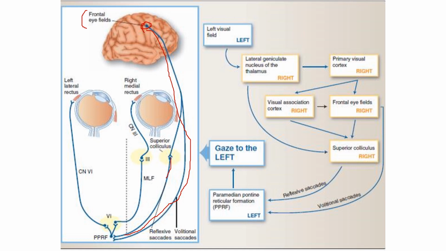And then we also see superior colliculus connections and then into PPRF. And then we can see cranial nerve 6 and that left lateral rectus, the MLF, crossing over and yoking cranial nerve 3, just like we did in the other picture.